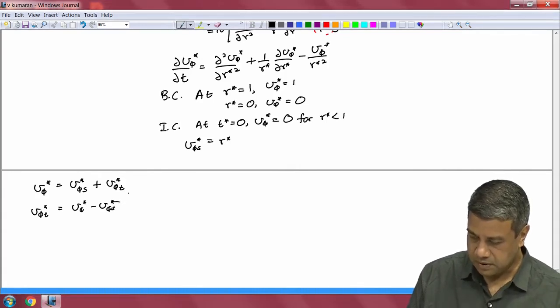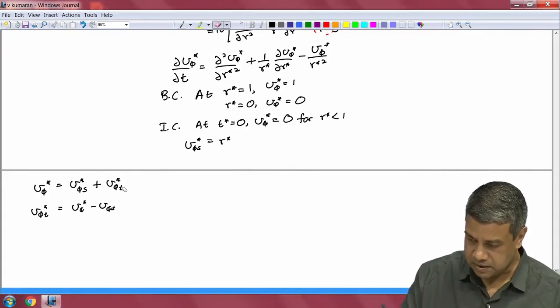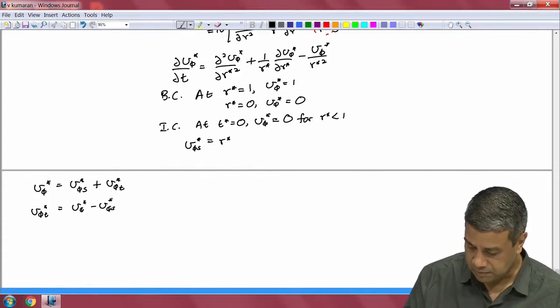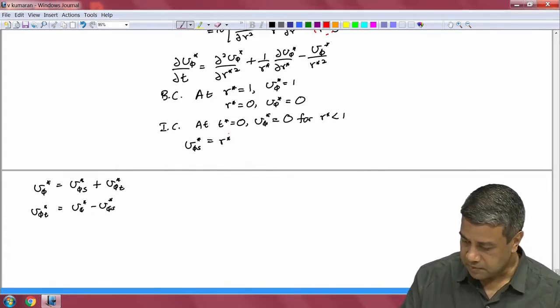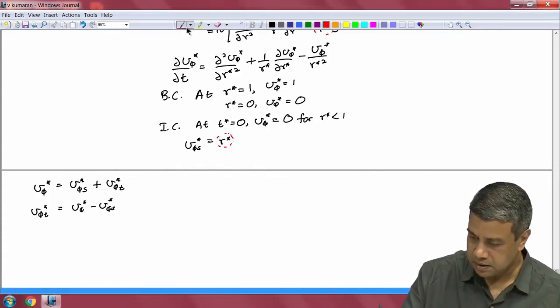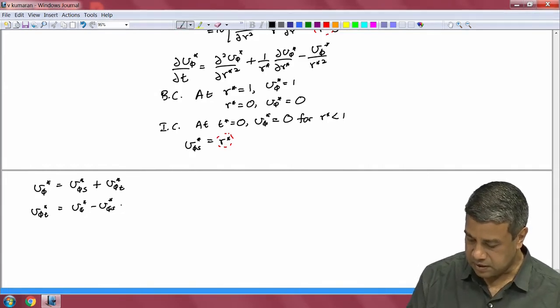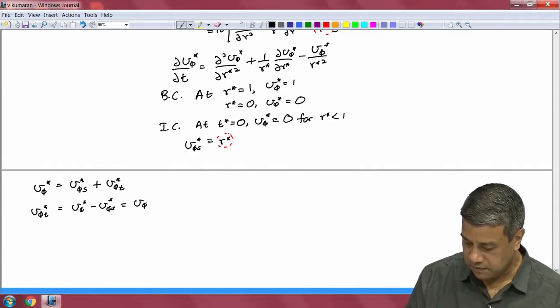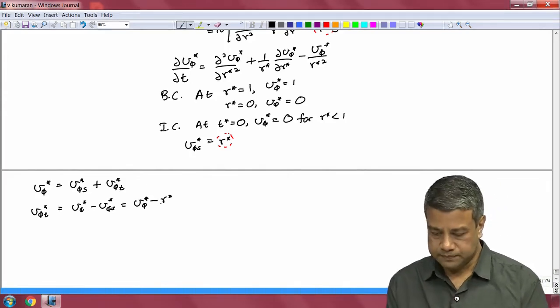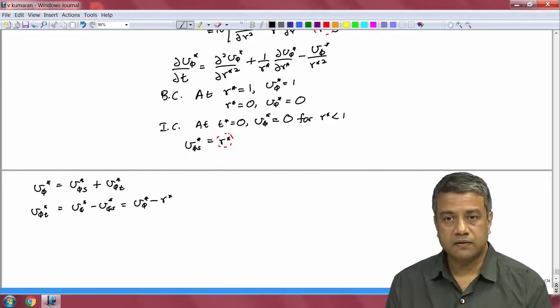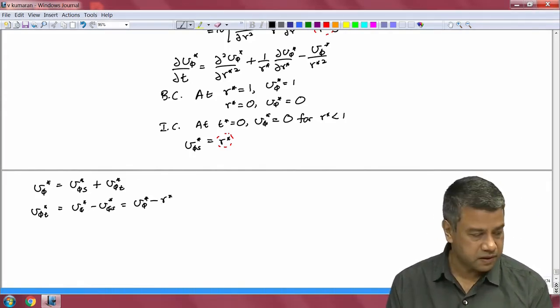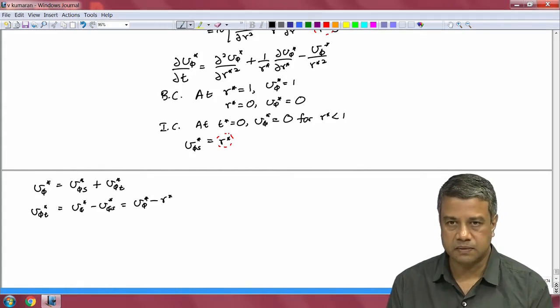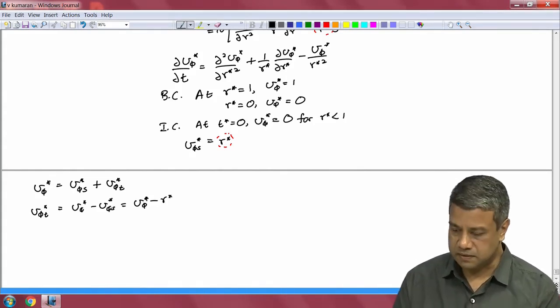We know that the steady part of the solution is just equal to r. Therefore, the transient part is equal to V phi minus r. Now, as we did earlier, we have to write the boundary and initial conditions for the transient part.